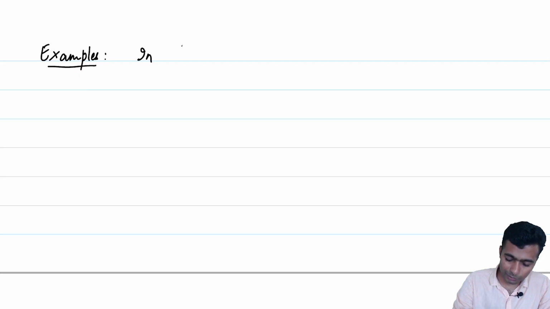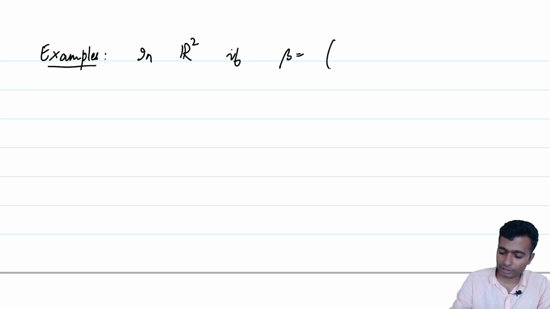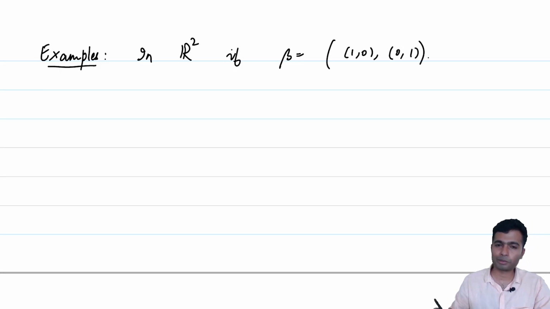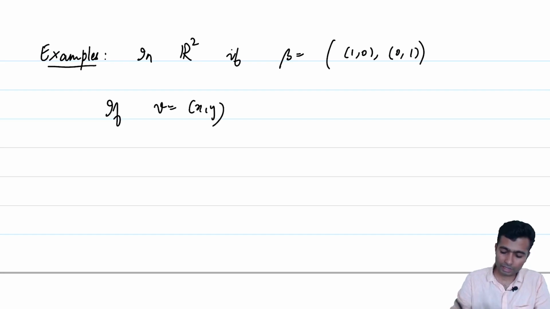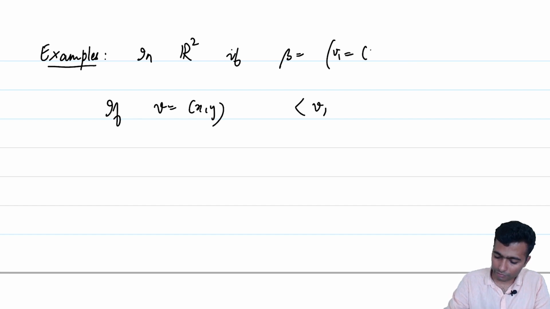So in particular in R2, if beta is just say (1,0) and (0,1), here we don't really need to do this exercise because it's quite straightforward already. If v is equal to say (x, y), then let's call this v1 and let's call this v2. v1 is (1,0) and v2 is (0,1).